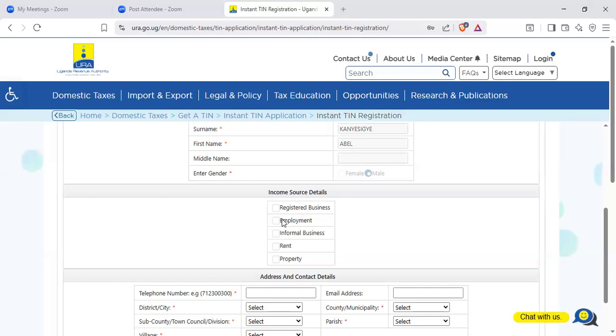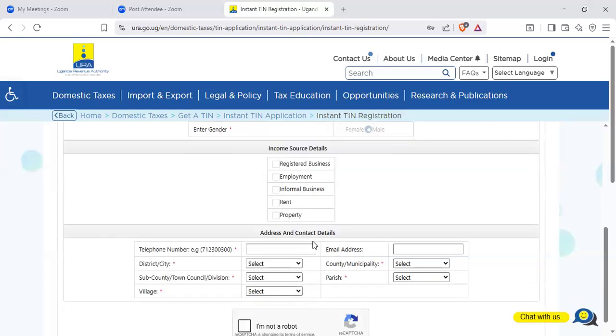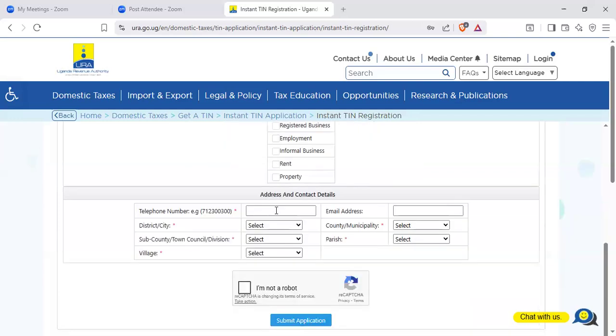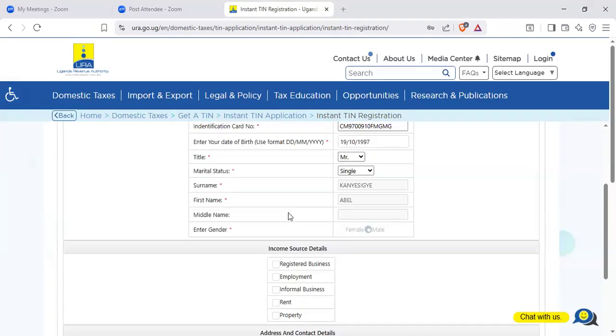It could be that you're doing a transaction that simply requires a TIN as an individual. So you don't tick this section. For you, you make sure that you fill those sections that have a red star. Those ones are compulsory.